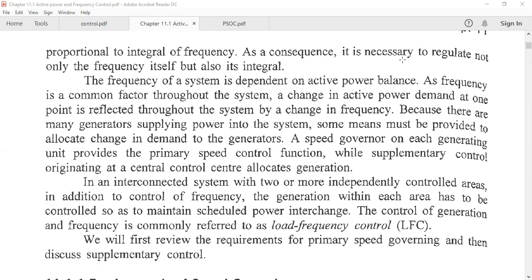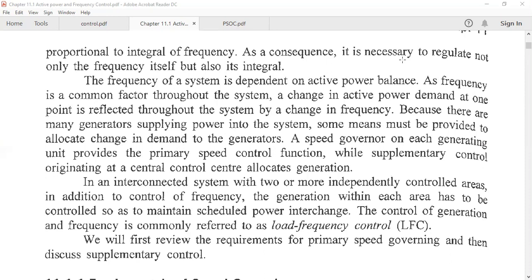As we have discussed, speed governors are located in the generating units, and the speed governor provides the primary control of the frequency. For the supplementary or secondary control of the frequency, we need to control the parameters from the central station, or you can say the load dispatch center, from where we coordinate and control the generation.